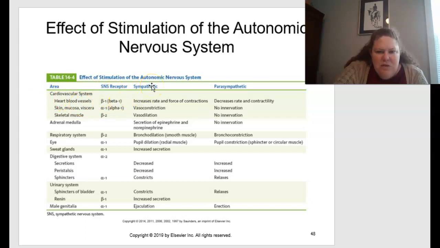The sympathetic stimulation would cause an increased rate and force of contraction, and then the parasympathetic activation would cause a decreased rate and contractility. Alpha 1 causes vasoconstriction, beta 2 causes vasodilation, right? So this is just a really good summary table on the different receptors and the different effects that it's going to have.